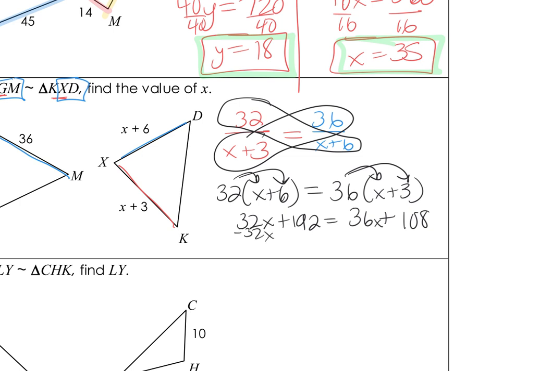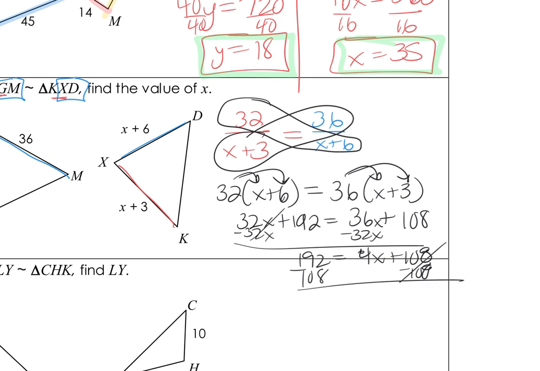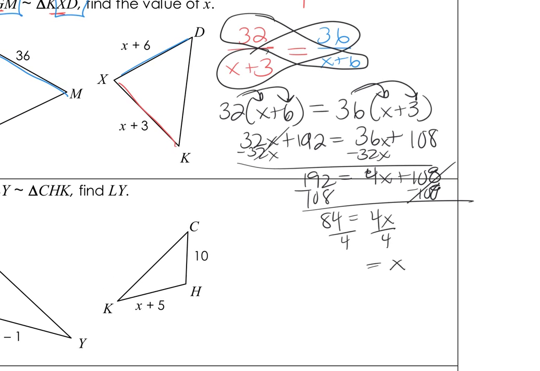So I'm going to do minus 32x on both sides. I get 192 equals 4x plus 108. Move that 108 over. So we get 84 equals 4x. Divide both sides by 4, and we get 21.